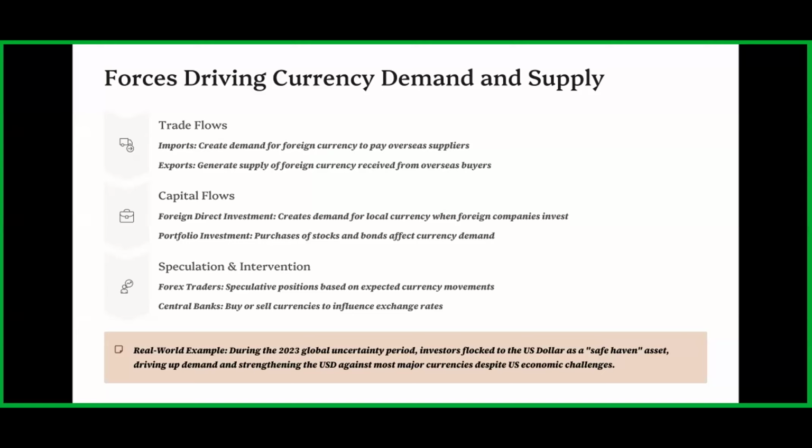Okay, we can say the central bank buys or sells currencies to influence the exchange rate.